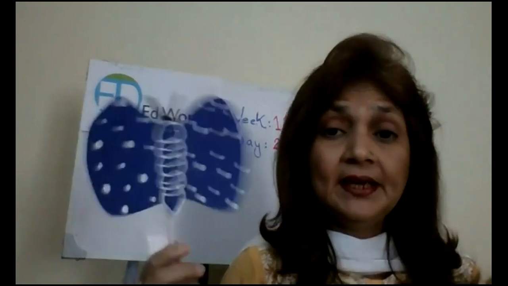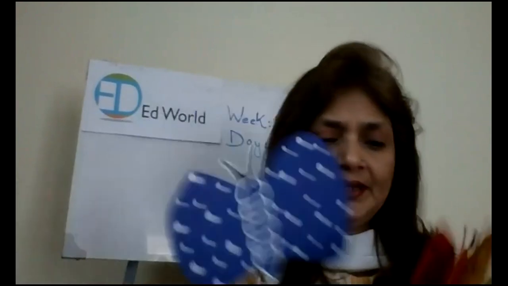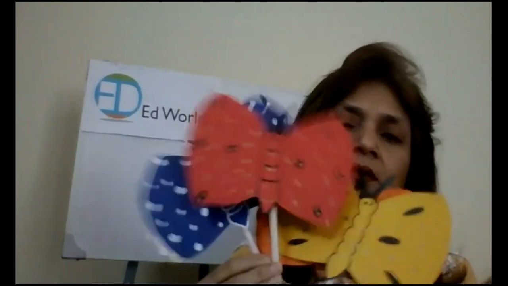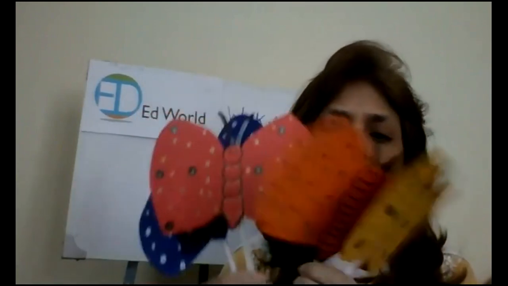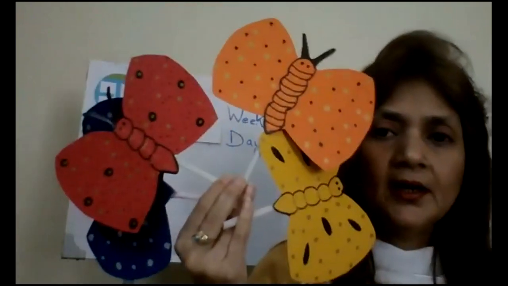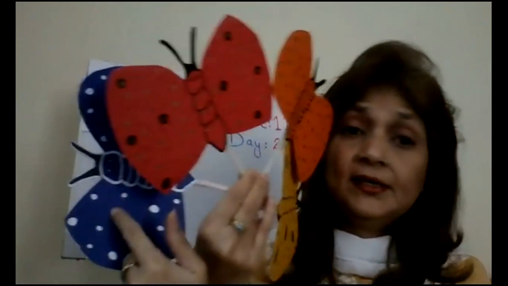Now what is this in my hand? It's a butterfly. How many butterflies are there? Is it 1 or 2? It's only 1 butterfly. So that means 1 is singular. Now how many butterflies are there? 1, 2, 3, and 4.